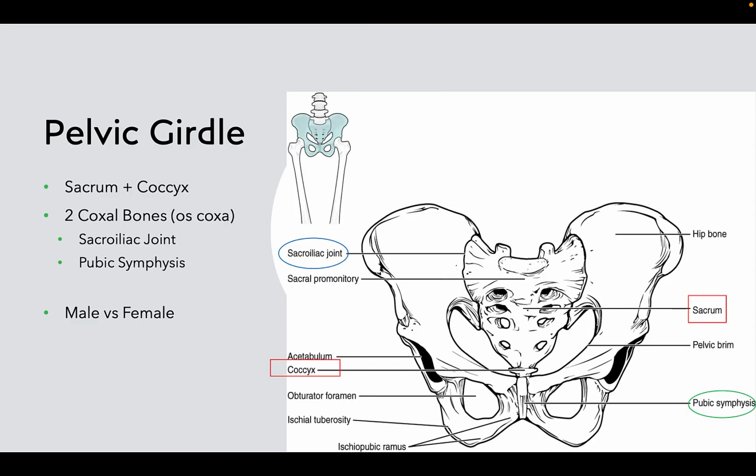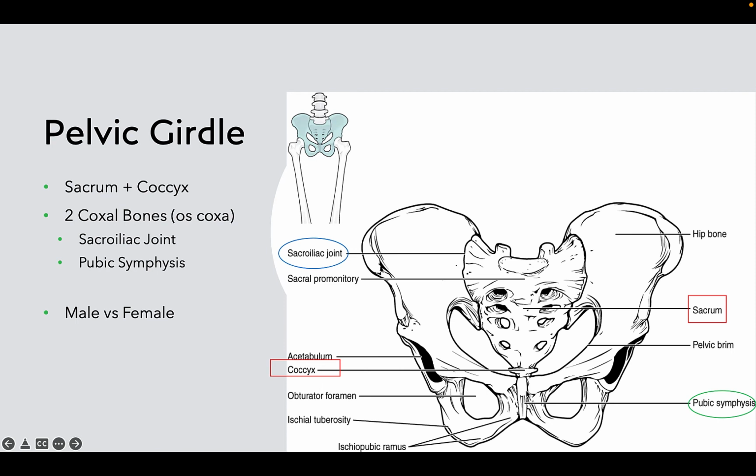Next, we have the pelvic girdle. You need to be able to distinguish a male and female pelvic girdle, which we'll get to on the next slide. But when it comes down to it, we have this sacrum, which is a fused bone toward the end here, and the coccyx. The coccyx is like your tailbone. Then you have this pubic symphysis, just below that coccyx.